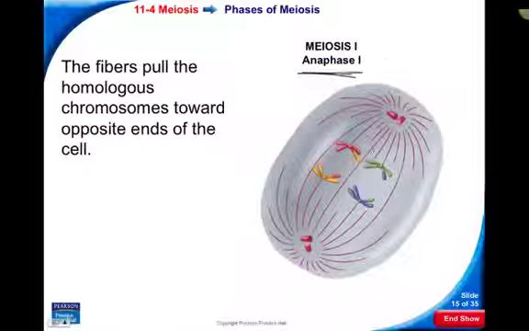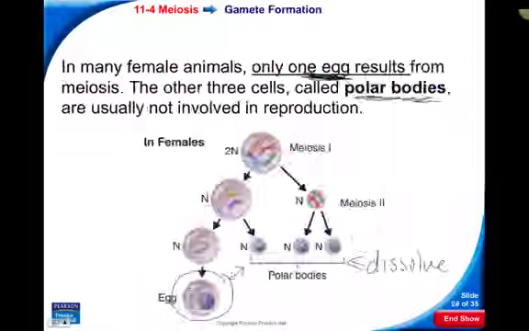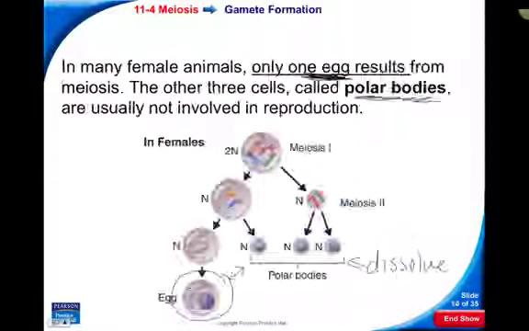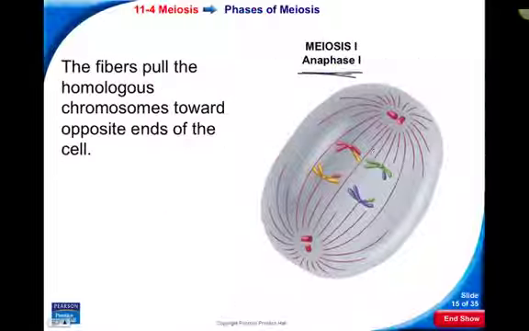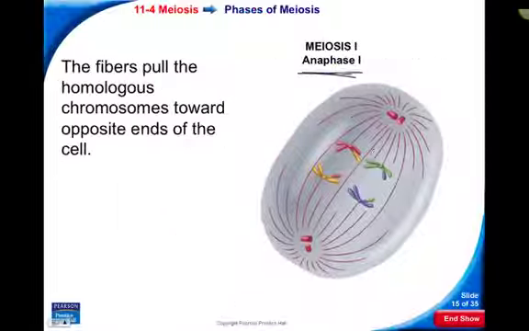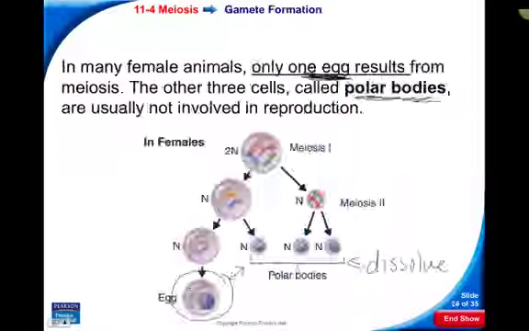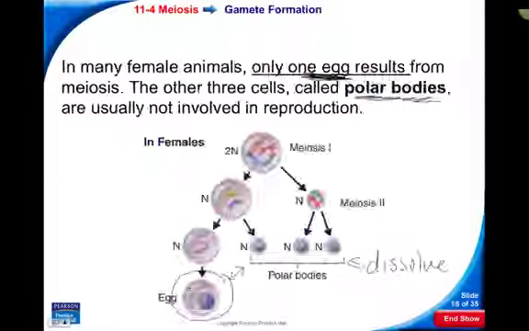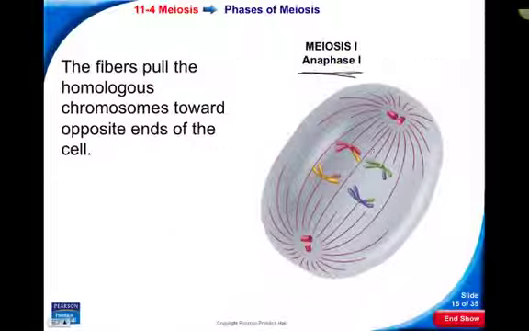So, because sexually reproducing organisms are all genetically different from each other, that means that there is a greater diversity of organisms surviving. Okay, and this is how sexually reproducing organisms produce their gametes.